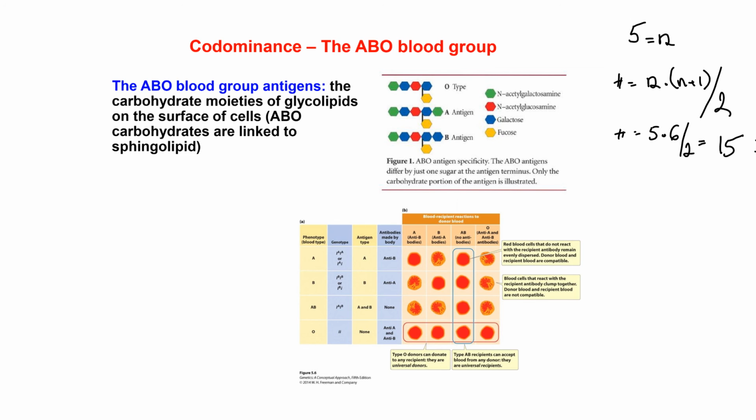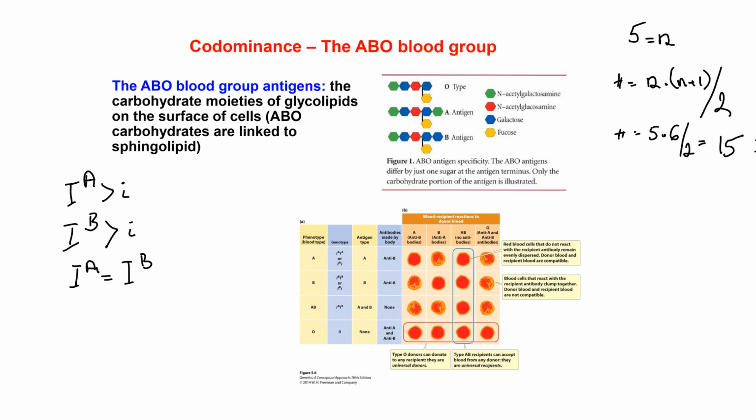So the ABO blood group belongs to the system with multiple alleles. There are 3 different alleles. There is allele IA, which is dominant to the recessive allele i. There is allele IB, which is also dominant to recessive i, and allele IA is equal to allele IB.